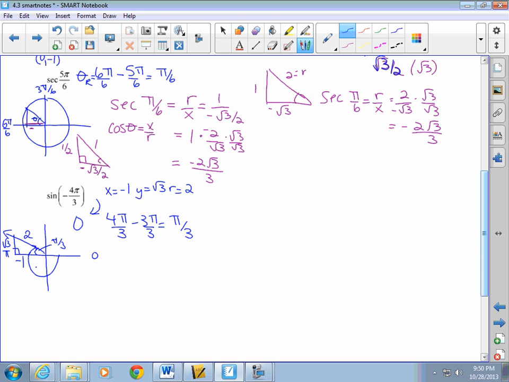Oh, sorry, this was reference angle here. So my reference angle is pi over 3. So sine of pi over 3, sine is equal to, it's SOH, so that's y over r. My y was square root 3. My r was 2. I don't need to rationalize the denominator. I have a positive value because I'm in quadrant 2 where sine is positive, so I know I'm all right.